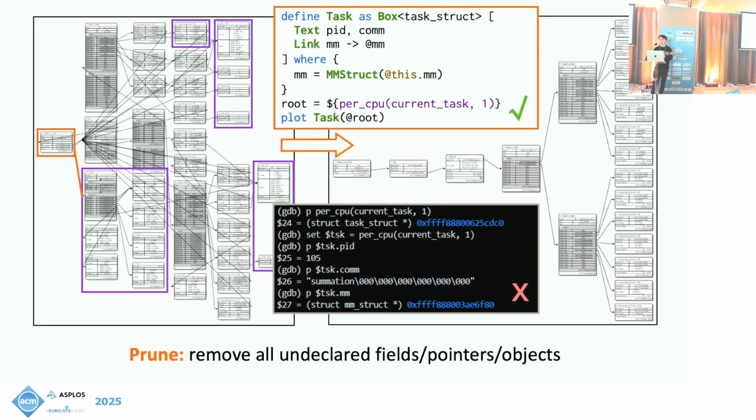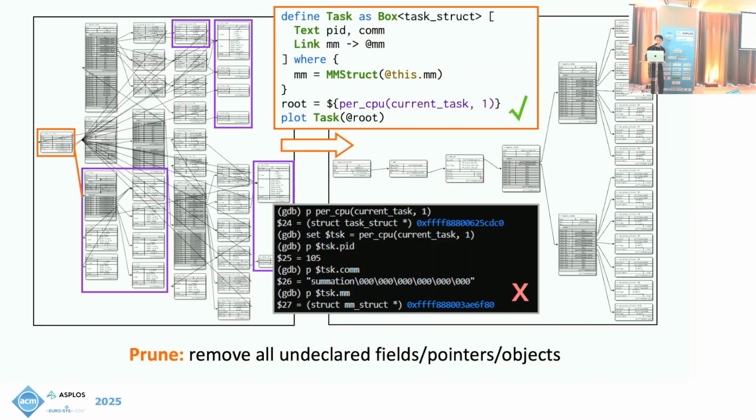We can model such a prune operation as the object declaration. We can explicitly declare what we want in our DSL, such as the fields, the objects, and the pointers that are related to the maple tree.